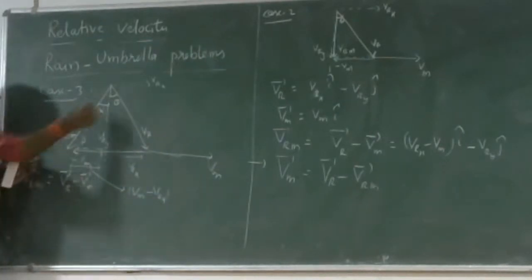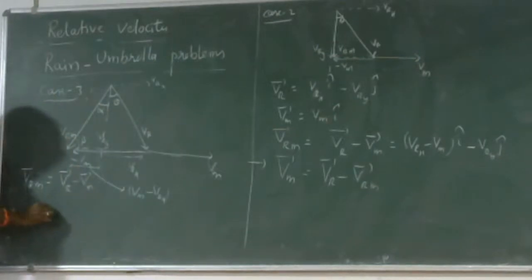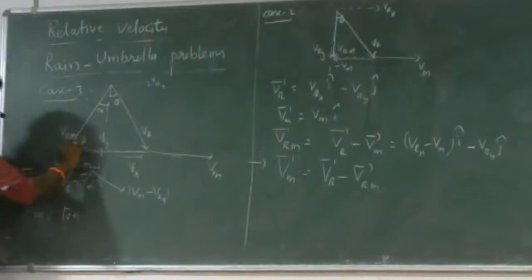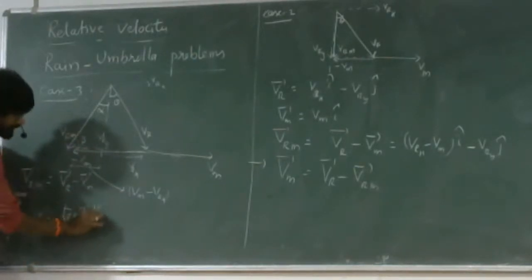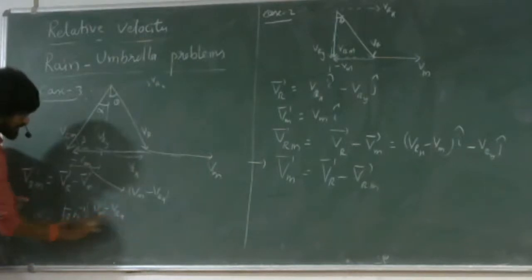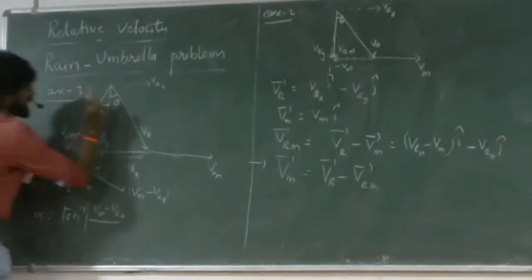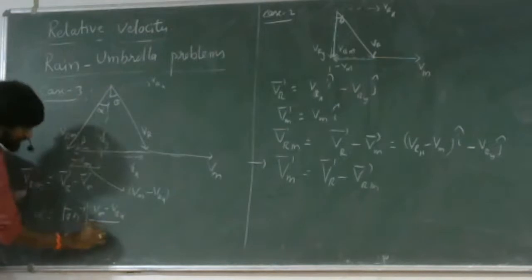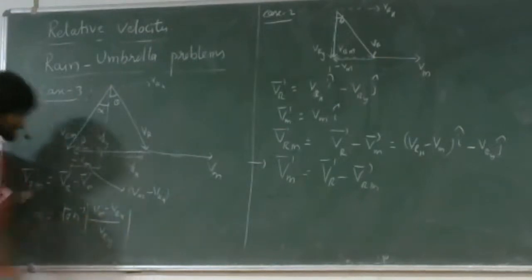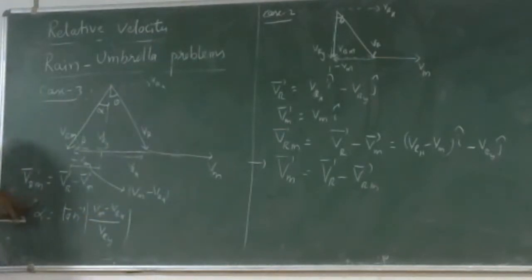Then you will get alpha. So alpha is equal to tan inverse of, this opposite side, modulus of Vm minus Vrx. This is the opposite side, right? The adjacent side is Vry. You have to understand this carefully, guys. Otherwise you will get confused. Okay?